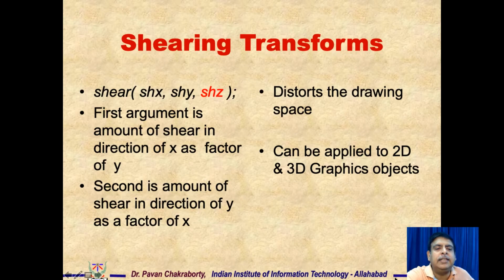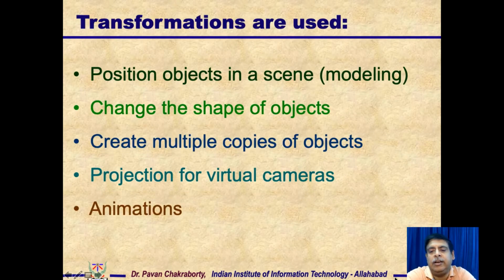The first argument is the amount of shear in the direction of x as a factor of y, and the second is an amount of shear in the direction of y as a factor of x, and the third quantity could be a shear in z as a factor of x or y. This transformation distorts the drawing space and can be applied to a 2D as well as a 3D object.